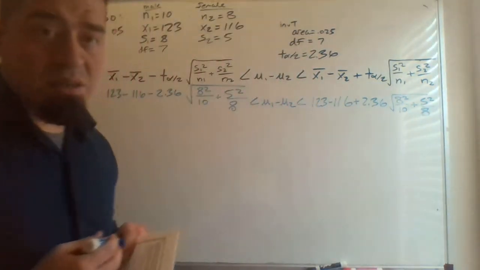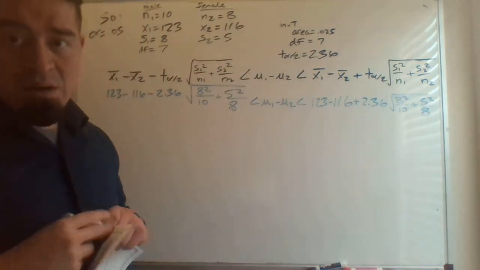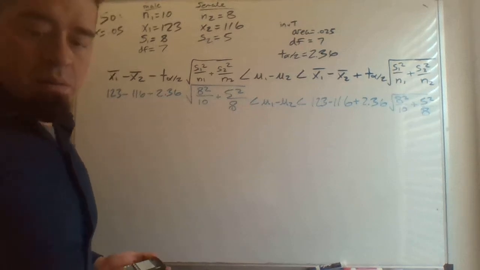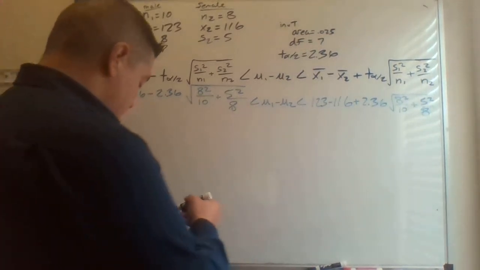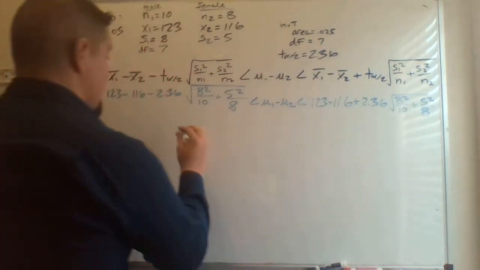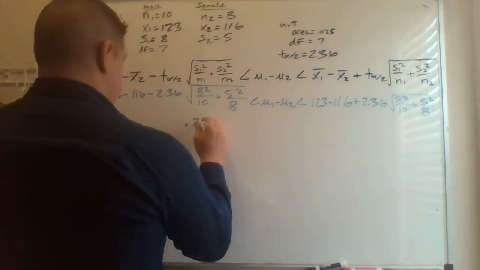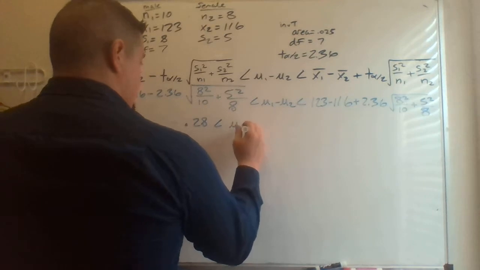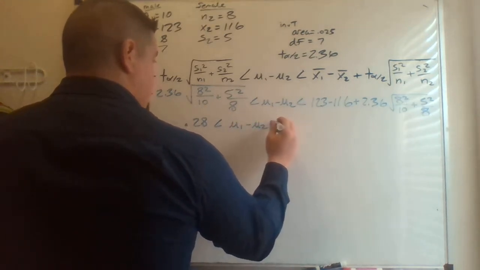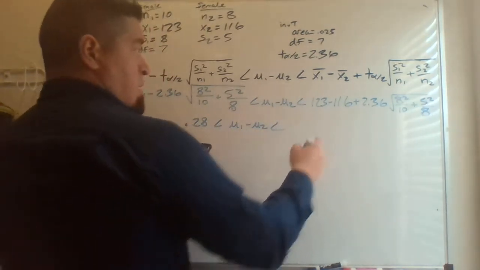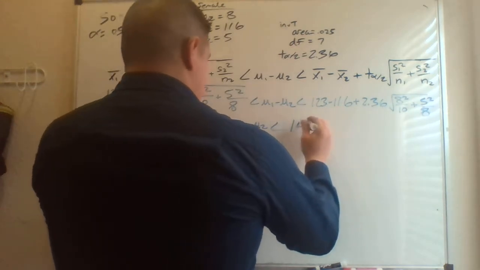Then it's just a matter of inputting it into your calculator. After inputting this, I get negative 0.28 less than the difference between the populations of boys and girls, and over here I get positive 14.28.